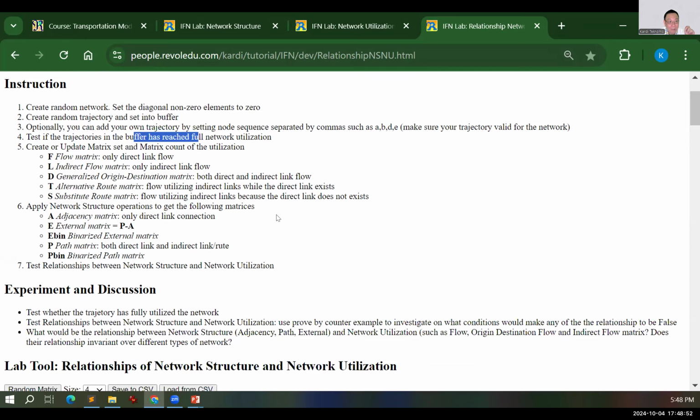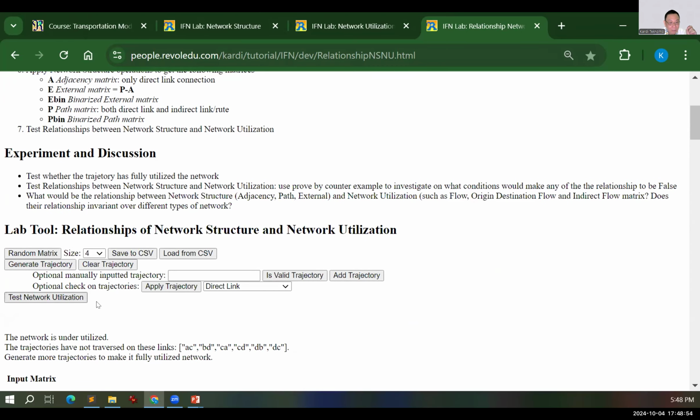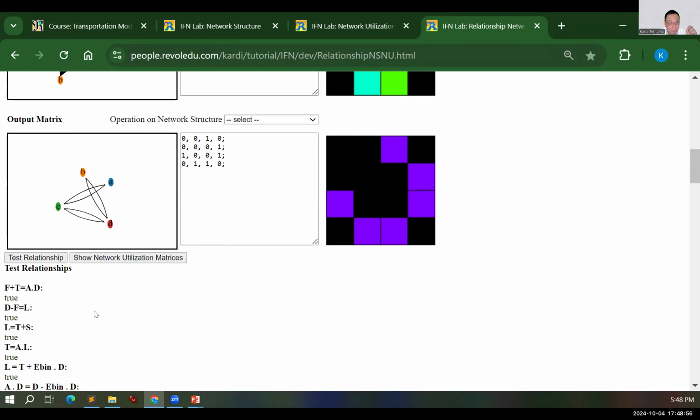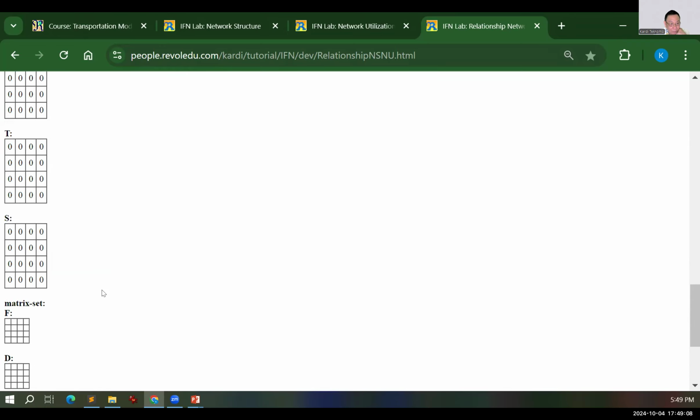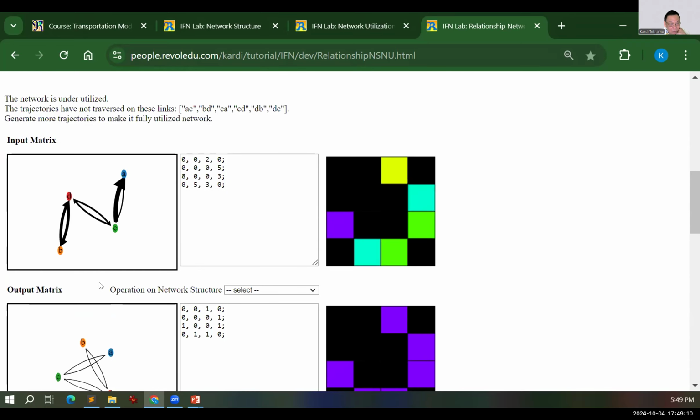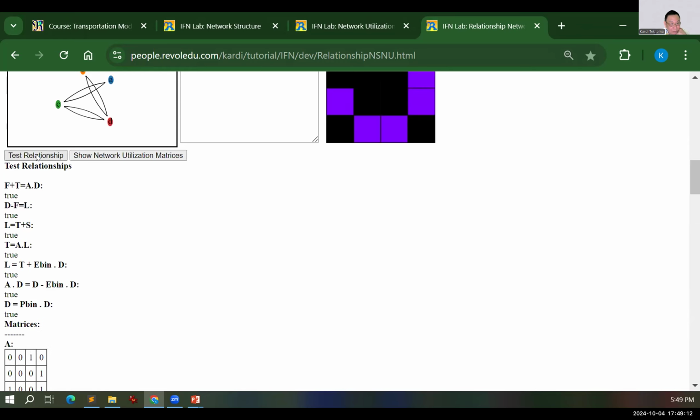After that, at the bottom, you can test the relationship, and additionally, you can test the network utilization matrix. So these are the examples. You can set the network utilization matrix and test the relationship also.